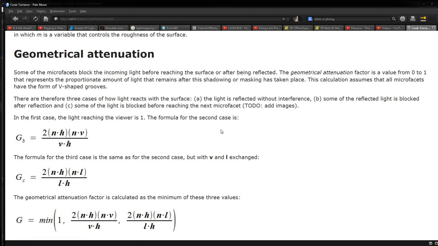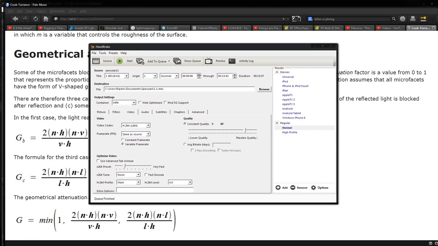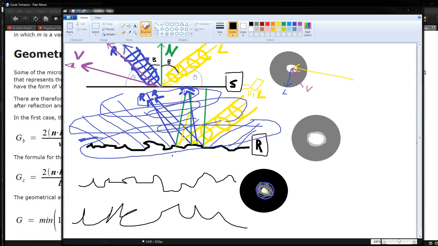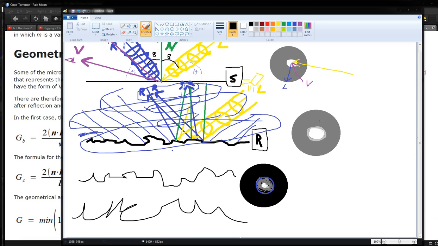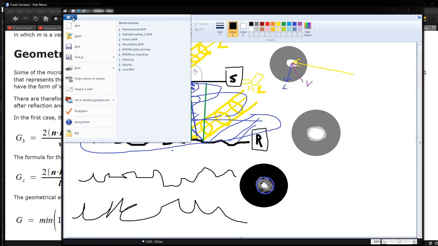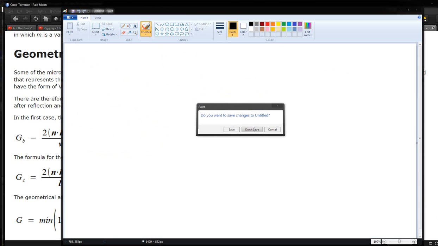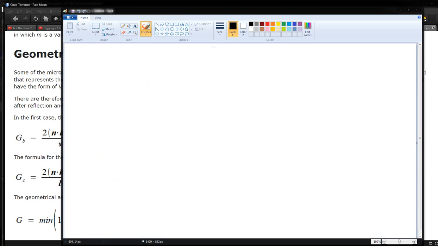The next thing is our geometric attenuation. So the geometric attenuation is more about shadowing, or internal shadowing.